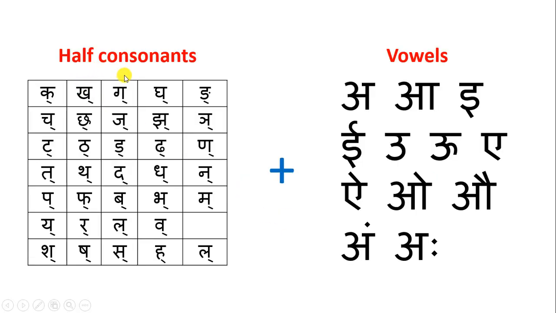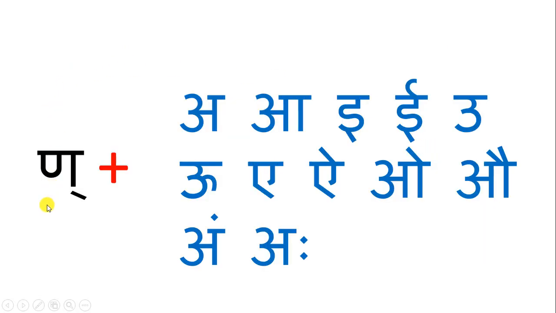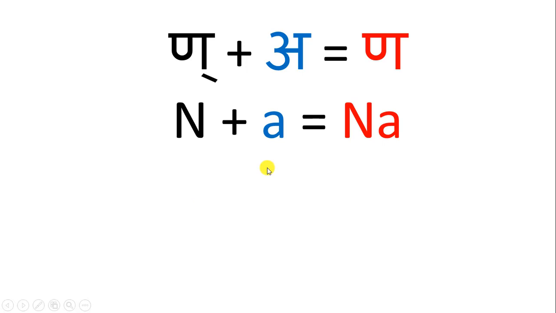And we have been doing that till now. In this video, we will add this half consonant to all these vowels and see what sounds we get. So let us start with the first sound, which is N.